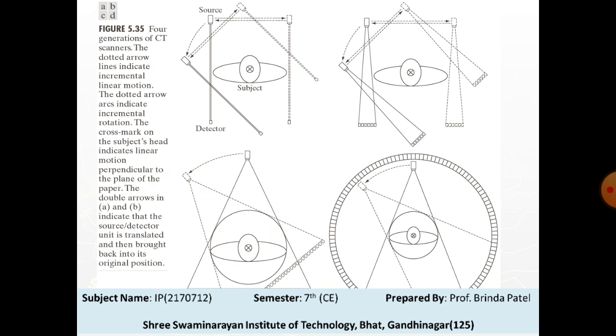The fourth generation scanner, G4, goes a step further by employing a circular ring of detectors. Only the source moves, right? The key advantage of G3 and G4 scanners is speed. The key disadvantages are the cost and X-ray scatter, which requires higher dose than G1 and G2 scanners to achieve comparable signal to noise characteristics.